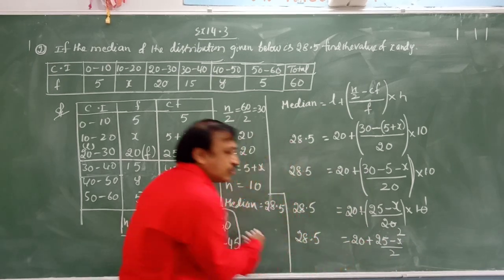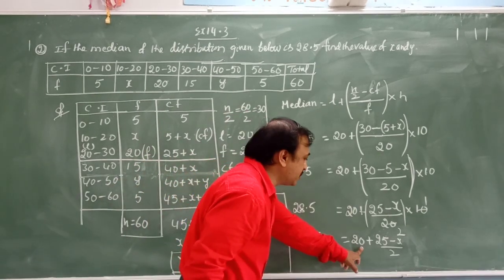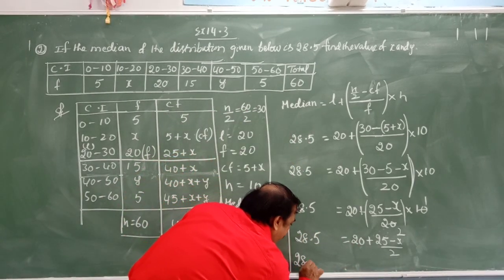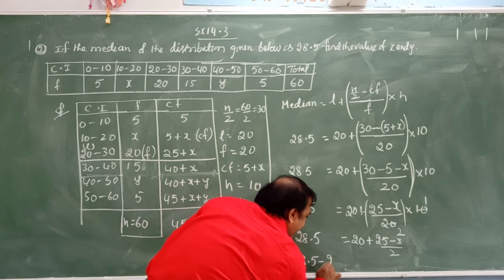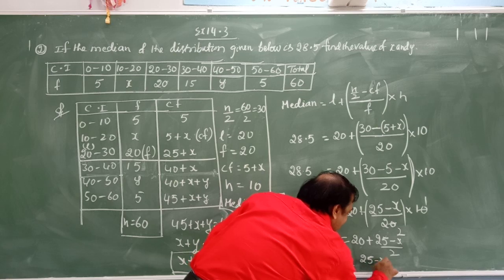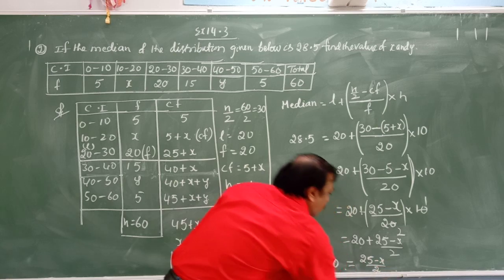Now transpose this 20 to this side. Then 28.5 minus 20 is equal to (25 minus x) by 2.